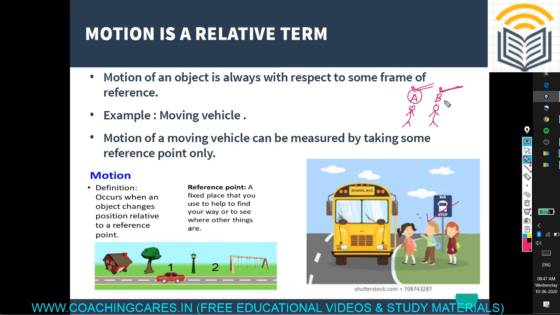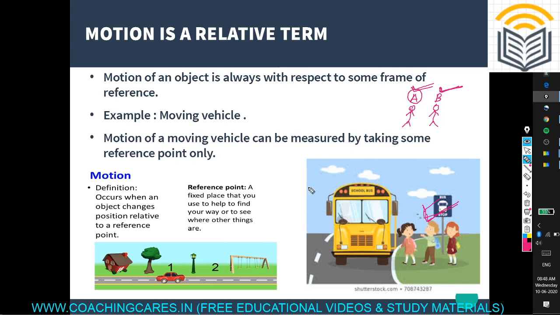Yes, B will be in motion with reference to this person who is standing outside, because this person is at rest and B is changing position with respect to time. So B will be in motion if we consider as frame of reference the person standing outside at the bus stop. So this is the understanding of the relative term of motion.